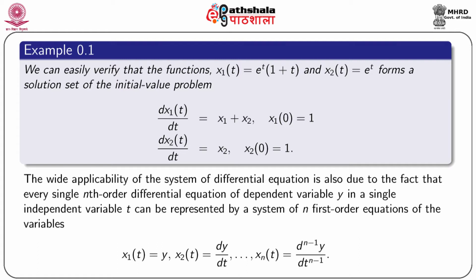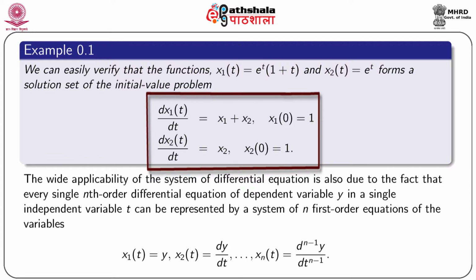For example, if you put x1(t) equal to e^t (1 plus t) in this differential equation, the first one gives you the derivative, which is e^t plus (1 plus t) e^t, and if you substitute x1 and x2 here, the left hand side and the right hand side will be the same.